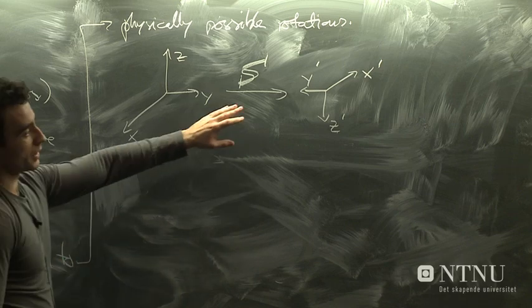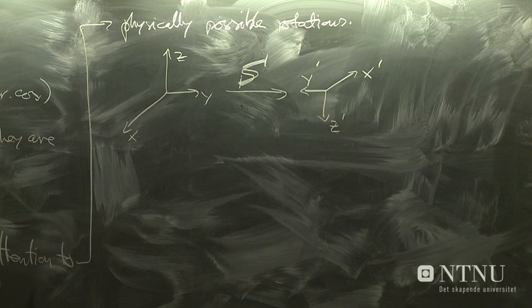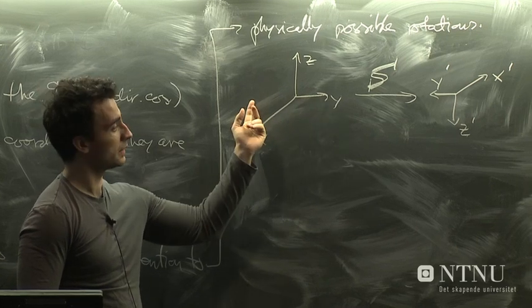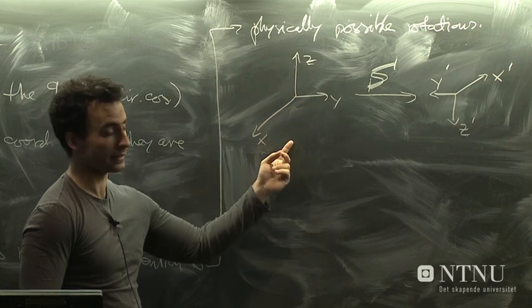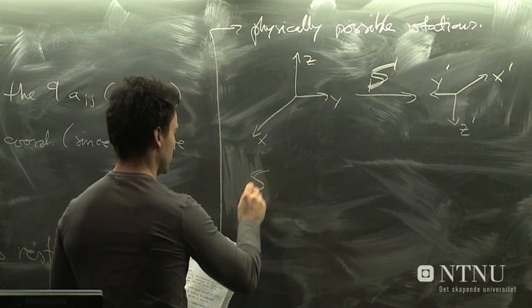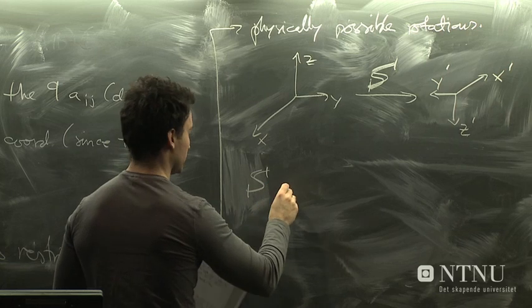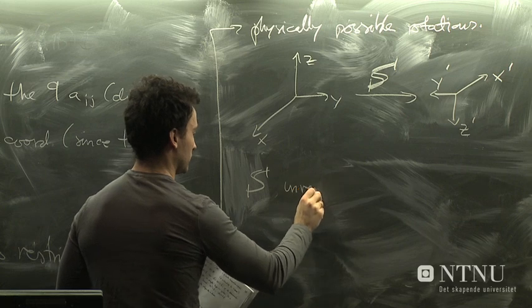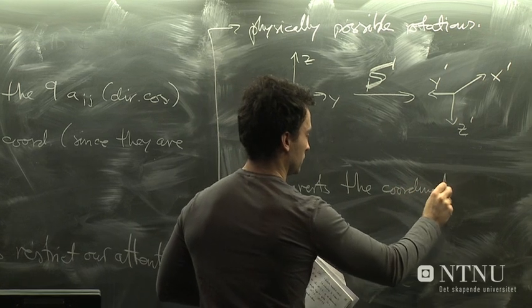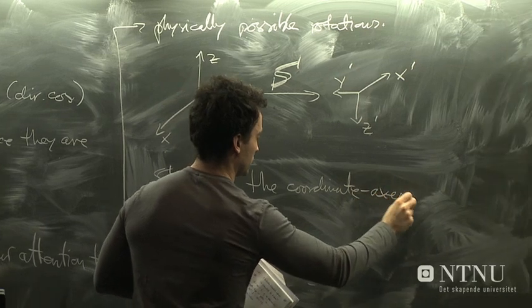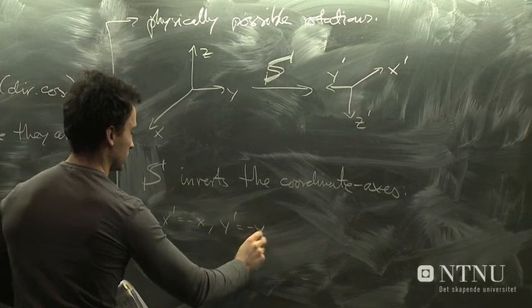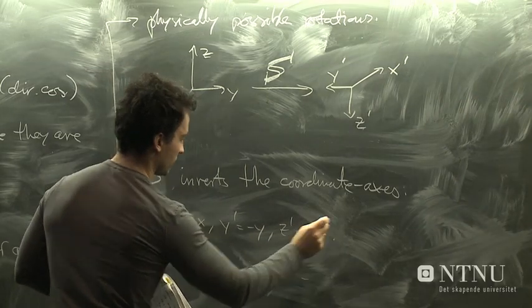So as you can see, what I've done here is that I've just inverted all the axes. I've taken y and let it go to minus y, taken z, let it go to minus z, and x to minus x. Like this.